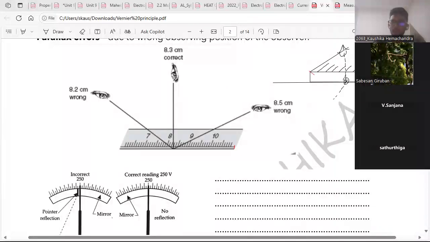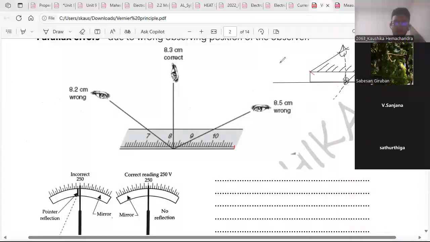But if you look at it from the side, your line of sight is towards this. So you are not getting the correct reading. You're getting this as the value, not this one.